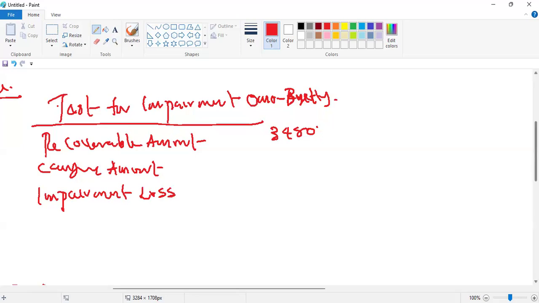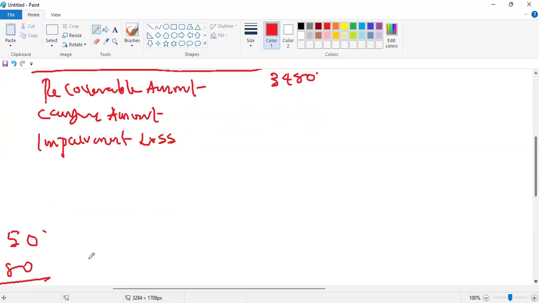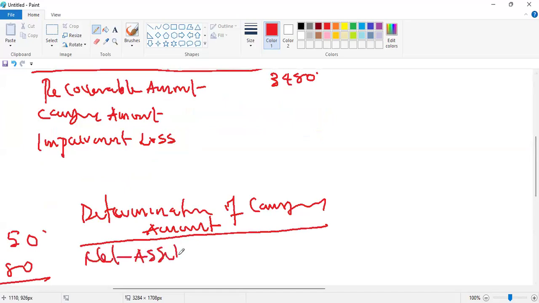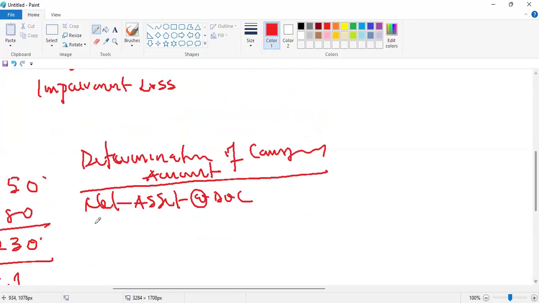However, determination of carrying amounts. Impairment is tested annually at the year end. So I'll get the net assets at DOC plus the goodwill. The goodwill now depends on how the value is.